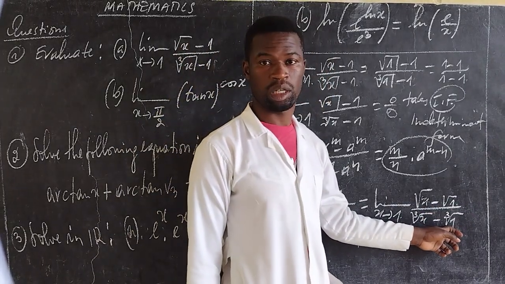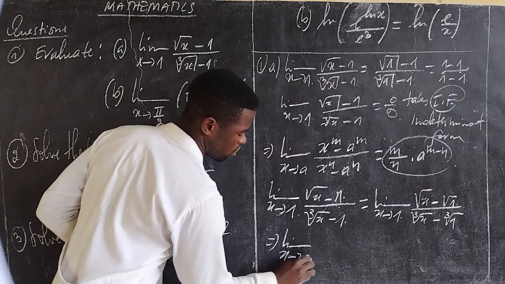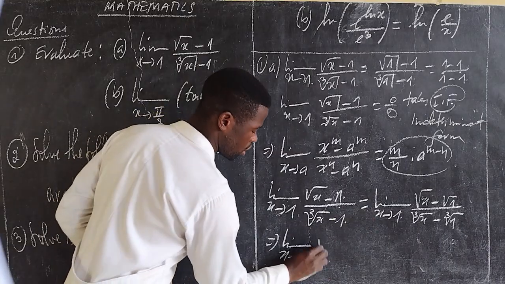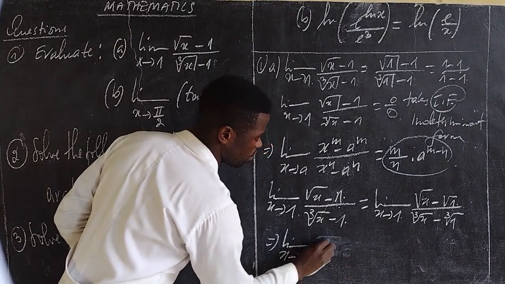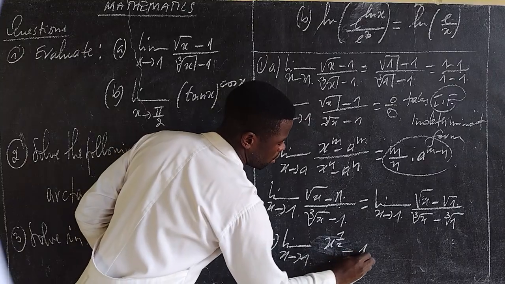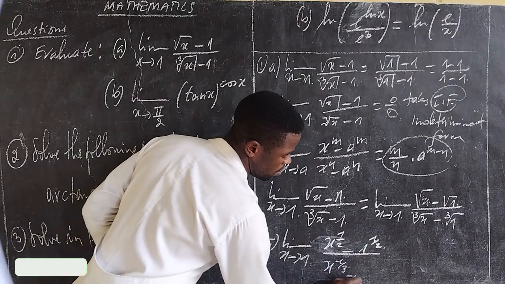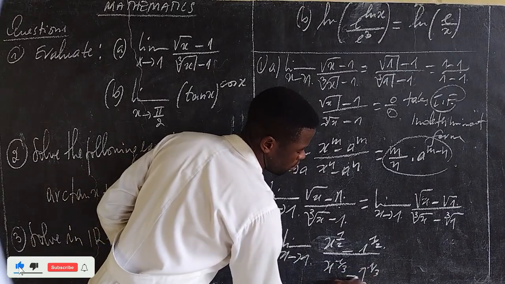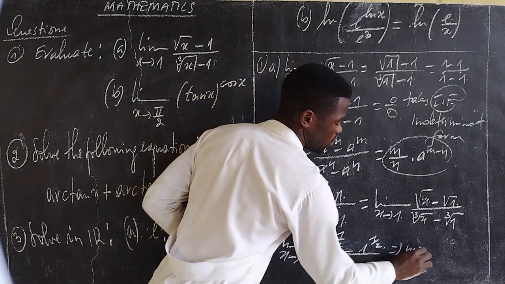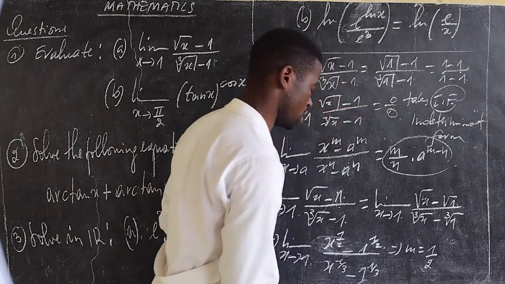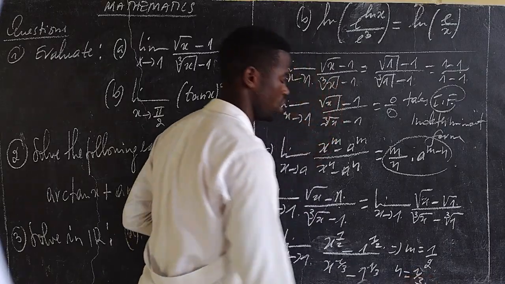This implies that the limit is the same as x to the power 1 over 2 minus 1 to the power 1 over 2, over x to the power 1 over 3 minus 1 to the power 1 over 3. This simply means that m is equal to 1 over 2 and n will be equal to 1 over 3.